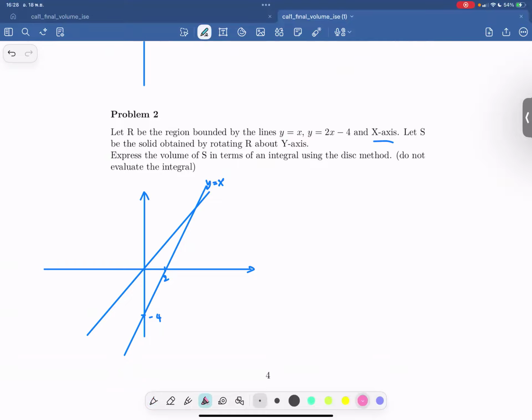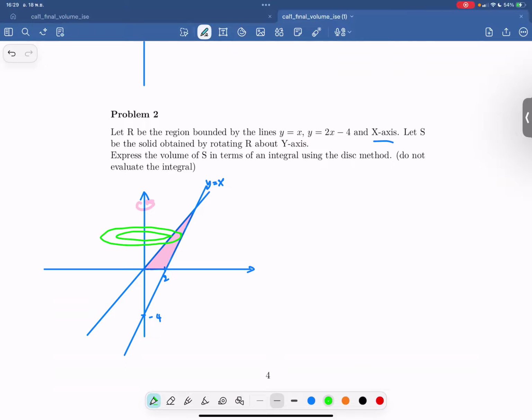So the area of the rotation is the area of the pink one. It's rotated about the y-axis. So our disk actually is our ring should be like this. So we have to do a washer method over here because it's not just a disk but a ring.